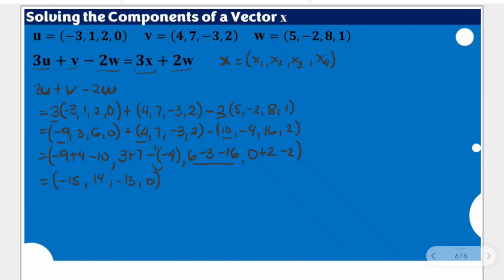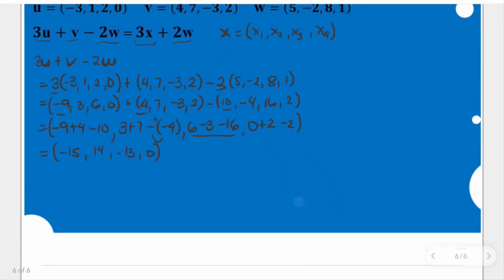For your right hand side, let me use the spaces here. So you have 3x plus 2w. Notice that x doesn't have exact values for its components, but we will be using this representation. Therefore, you have 3 times x sub 1, x sub 2, x sub 3, and x sub 4, plus 2 times your w as it is, 5, negative 2, 8, and 1.